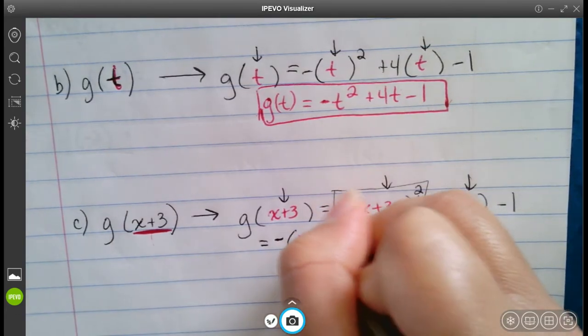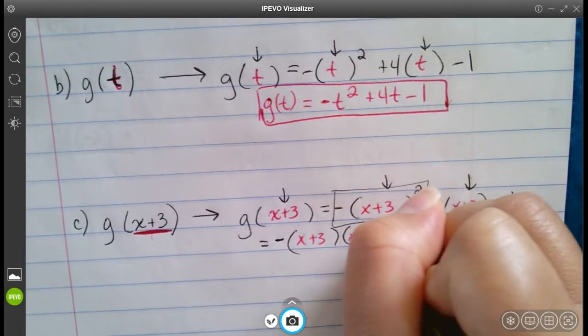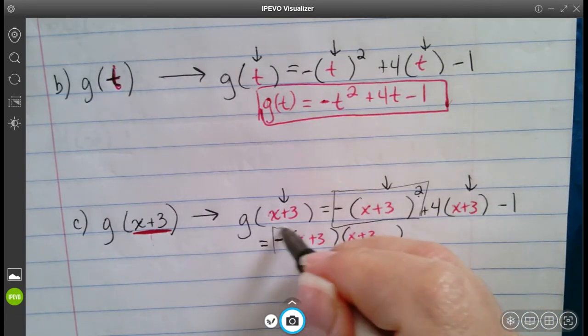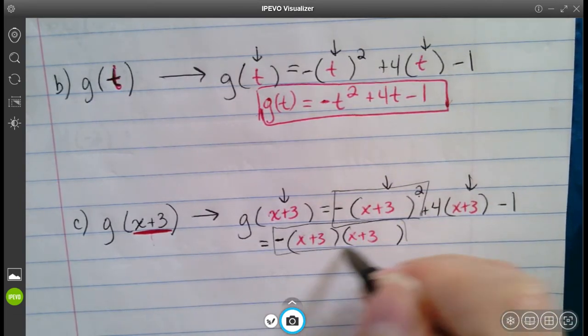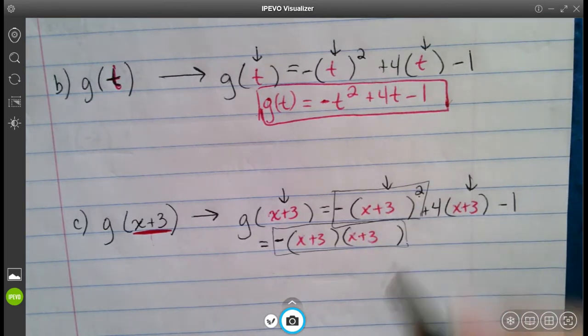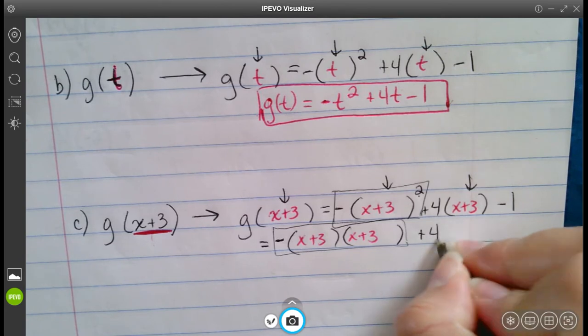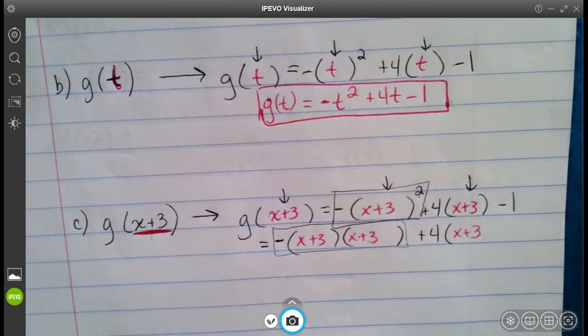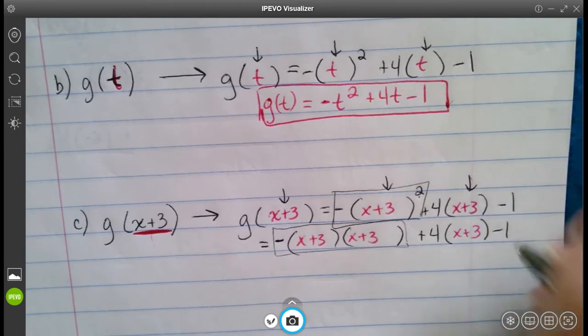Okay, like so. So this part right here that I'm boxing up lightly represents this part. Okay, everything else I'm just going to bring it down. So plus 4 parentheses x plus 3, okay, minus 1.